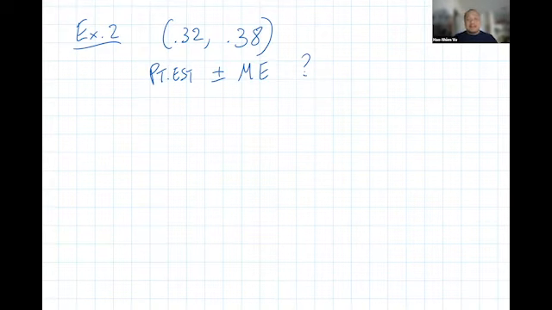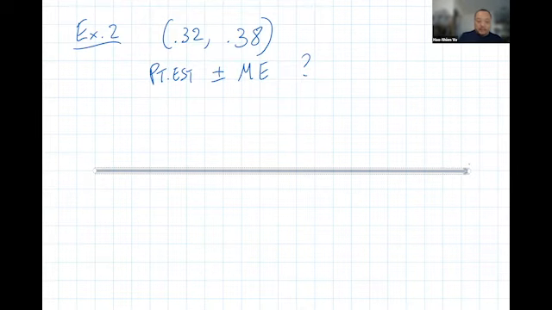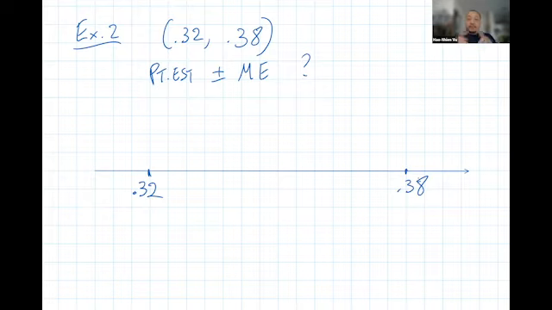To do this, it helps to visualize the interval on the number line. Here's the number line. Somewhere here is 0.32 and somewhere over here is 0.38. That's our interval. How would the point estimate and the margin of error fit into this interval?